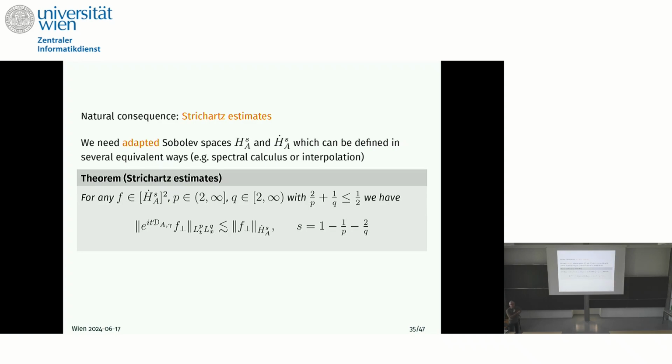It is natural to define these spaces in several equivalent ways, of course. And so for the non-singular part, for the components which are not the 0 component, we have the standard Strichartz inequalities, non-endpoint Strichartz estimates.